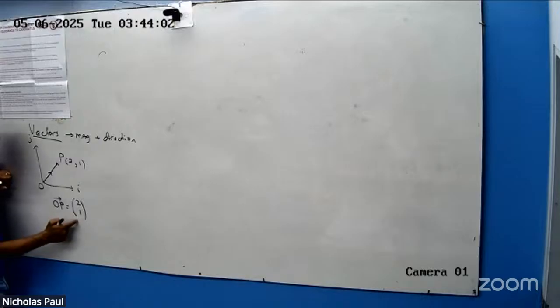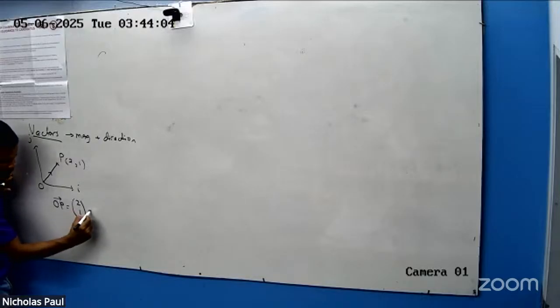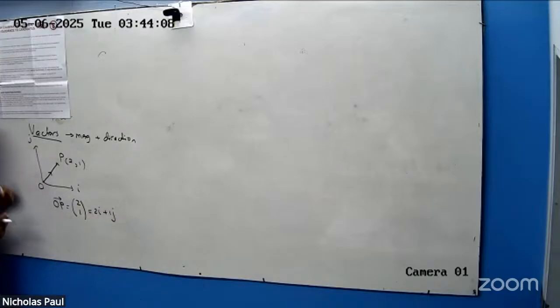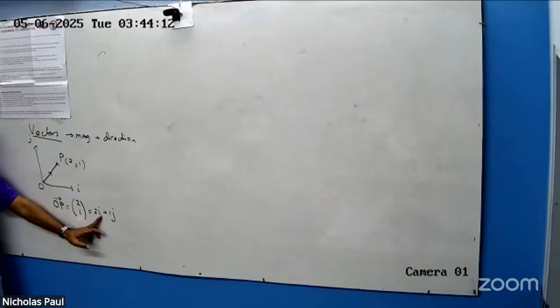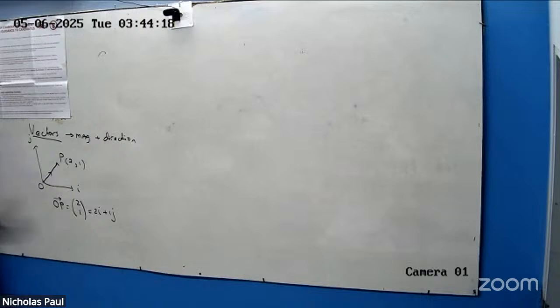So the way I'm going to write this is like this. What this tells me is 2 in the x direction, 1 in the y direction. That's all. So in A-level maths, you write a vector like this. In normal maths, you write it like this. What would happen if you change direction?